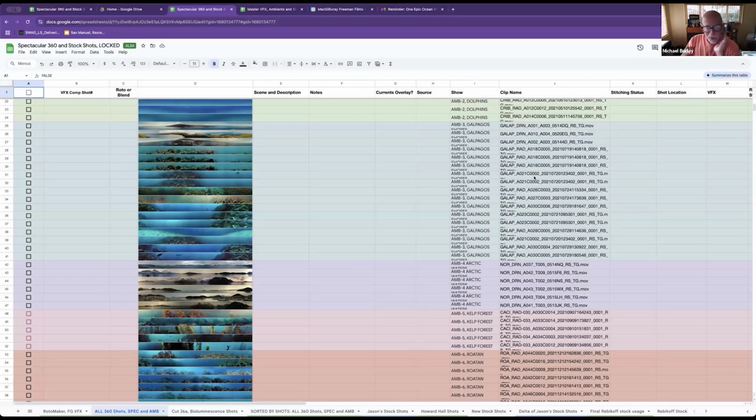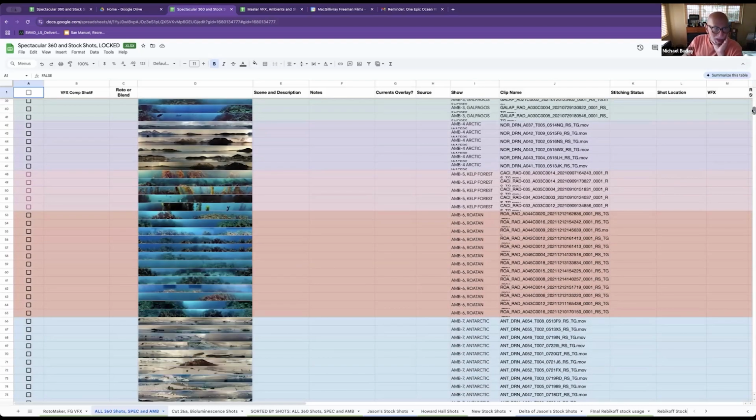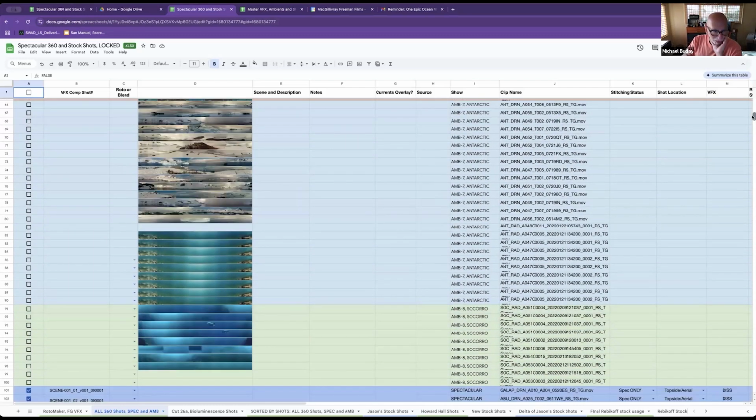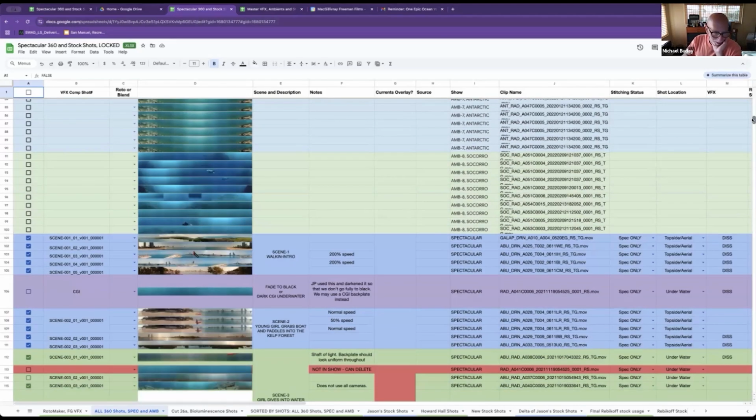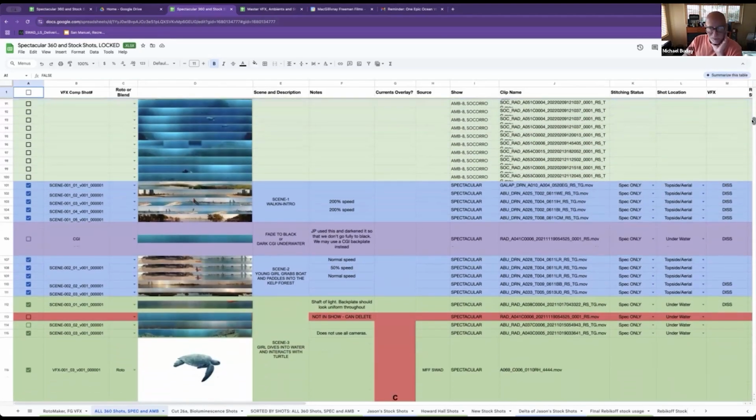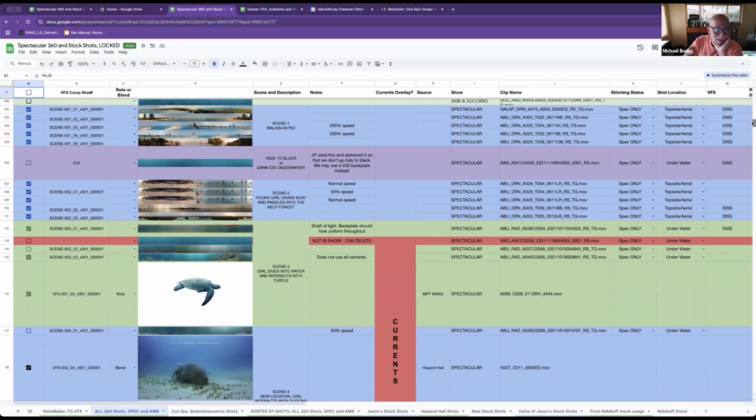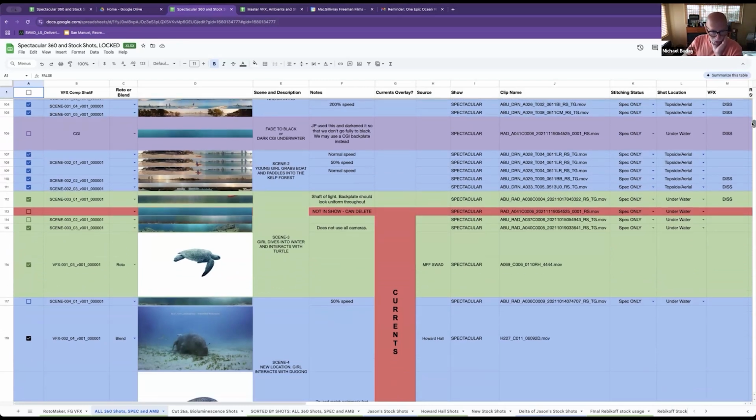We started to build a spreadsheet that went through everything that needed to be composited, rotoscoped, blended in the One Epic Ocean Spectacular. This was me going through painstakingly, once we nailed down what the offline cut was going to be, taking JP's cut and categorizing every back plate, every foreground plate, everything that had to be sent out for rotoscoping.